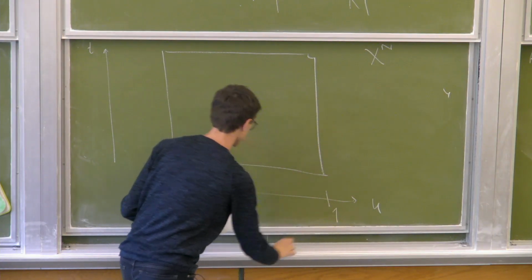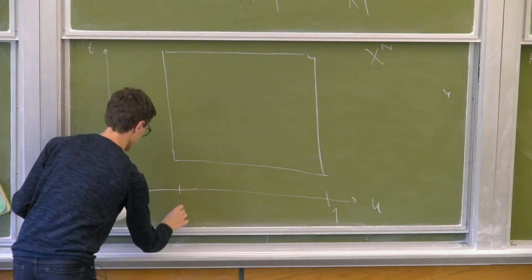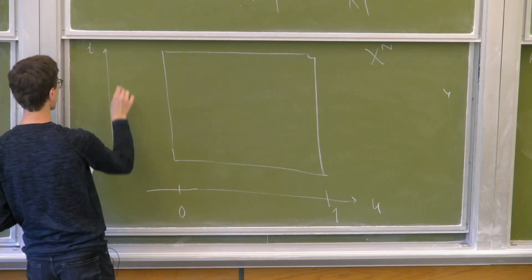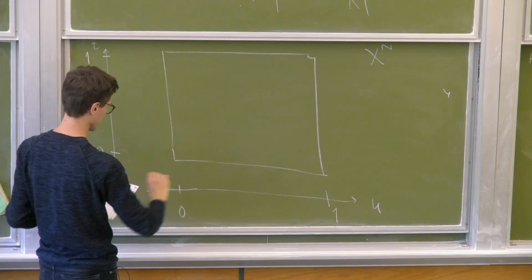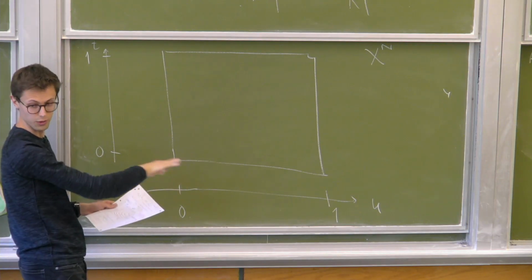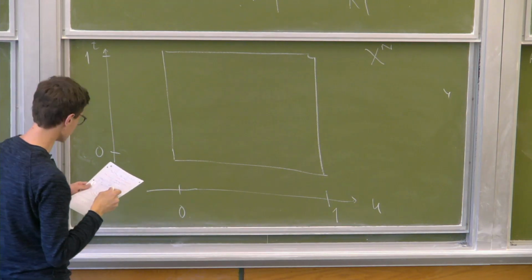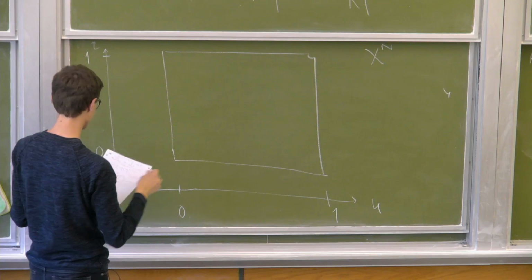So here is 1, this is 0, 0, 1. Really on these axes I'm recording the norm of U and T. And then my claim is the following.